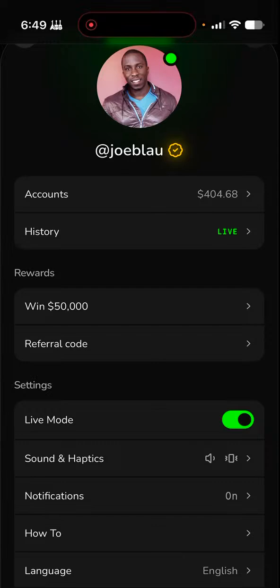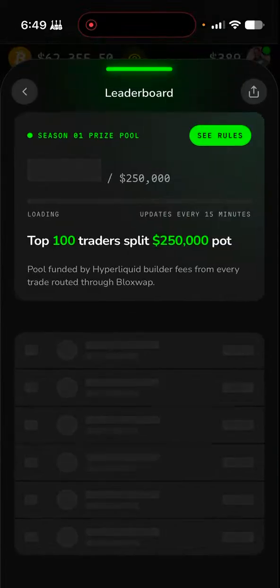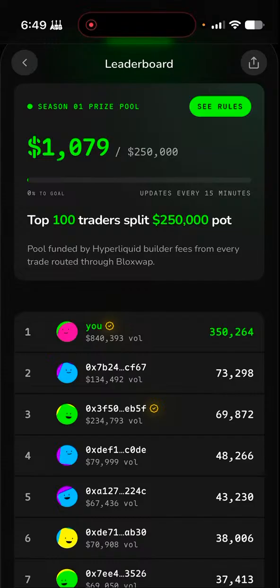And then the other thing is we've got a rewards section. So we're doing two things in terms of rewards. The first one is a $250,000 giveaway. What we're doing is we're giving away the first $250,000 of our builder rewards. So the way this works is that anytime somebody trades on our platform through Hyperliquid, there is a fee that we collect.